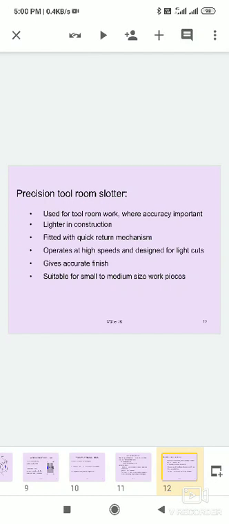Fitted with a quick return mechanism, which means the forward stroke is a cutting stroke, and the return stroke is an idle stroke. The idle stroke is faster than the cutting stroke, in the downward direction.